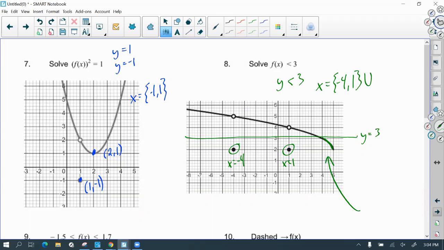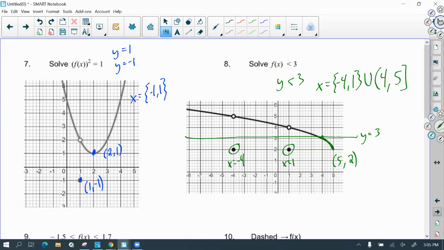It does not include positive 4, because when x does equal 4, I get exactly 3. But I want to be just less than 3, not less than or equal to. Now 5 is included because when x is 5, the y value is 2.